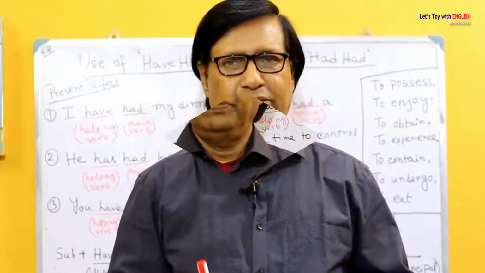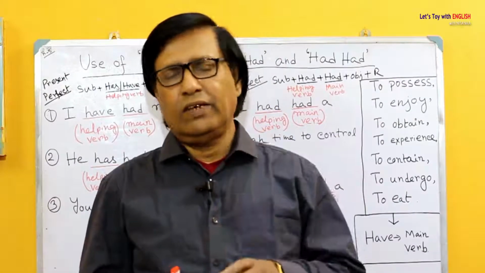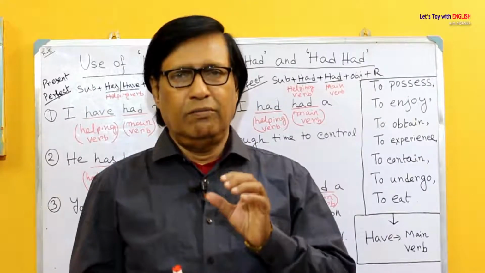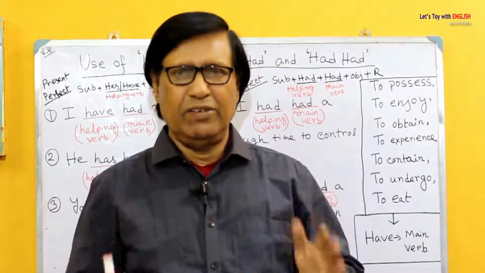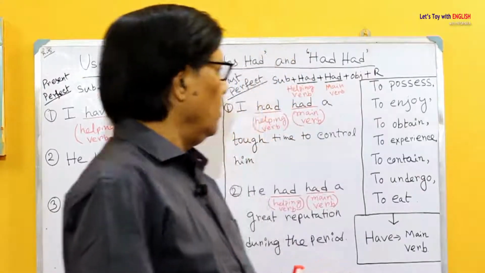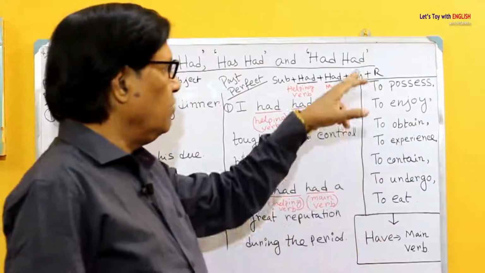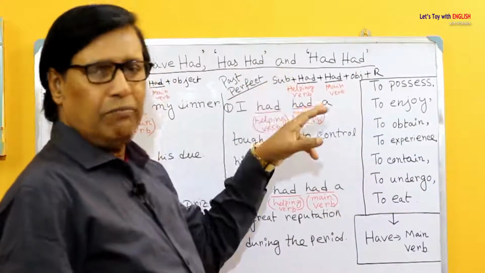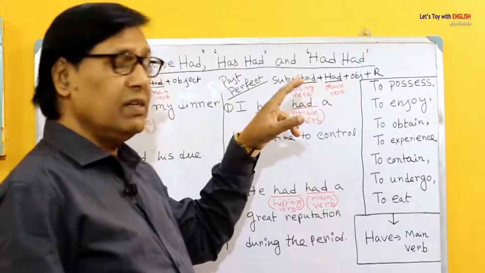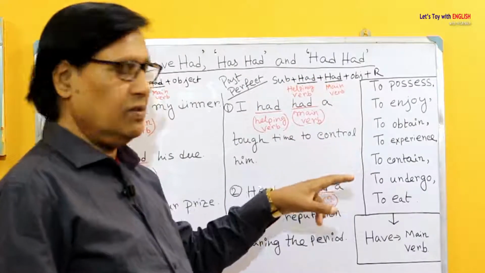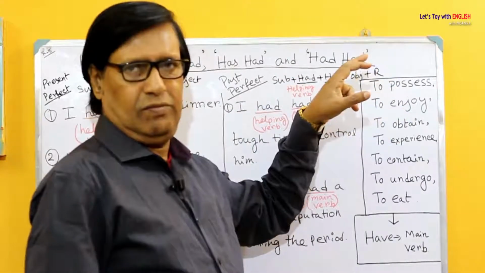So now let's start. Before coming to the auxiliary or helping verb, let us start with the use of the verb to have as a principal verb, because it has many dimensions. So you look at the board, here I have listed the different uses of the verb to have as a main verb or principal verb, and it carries many meanings, such as to possess.